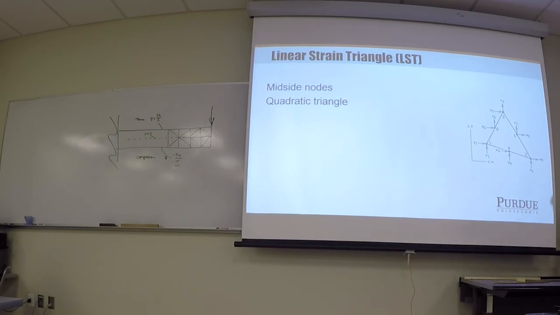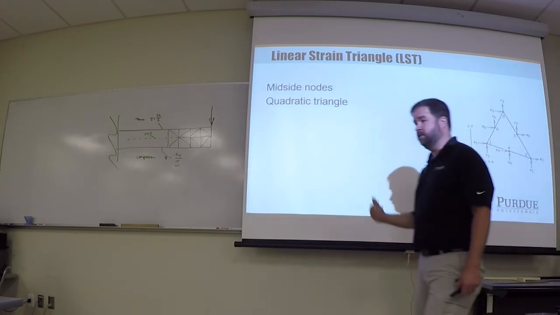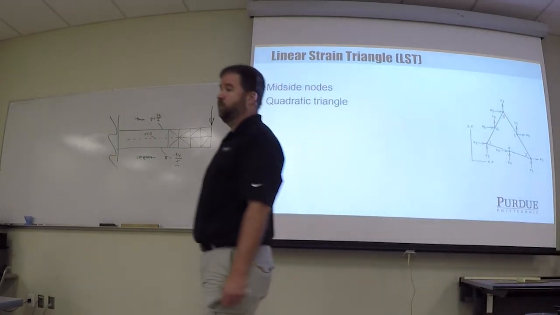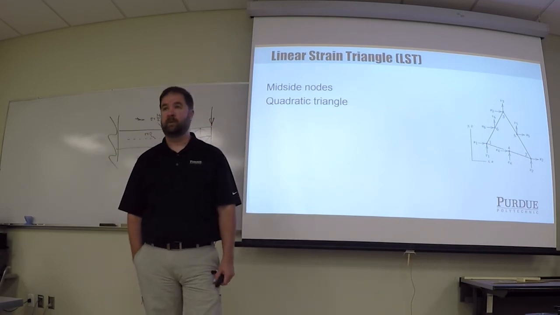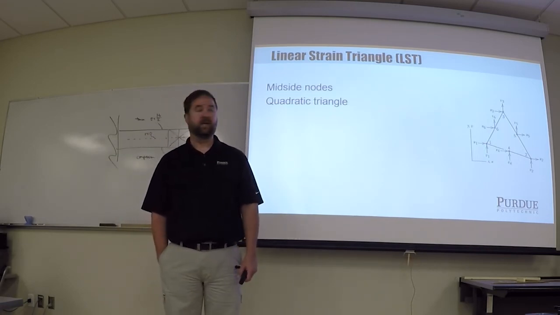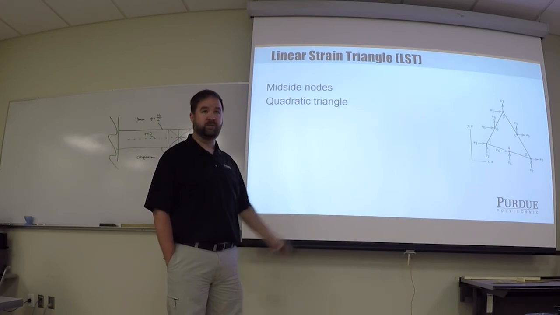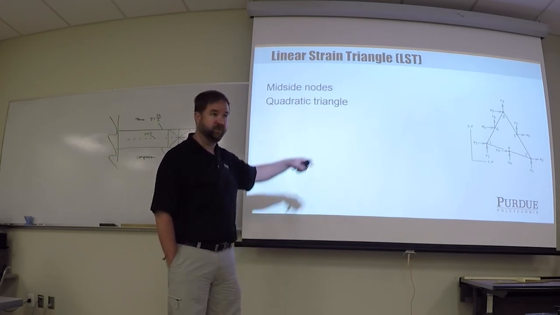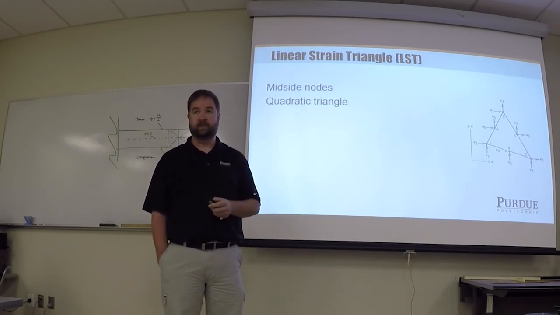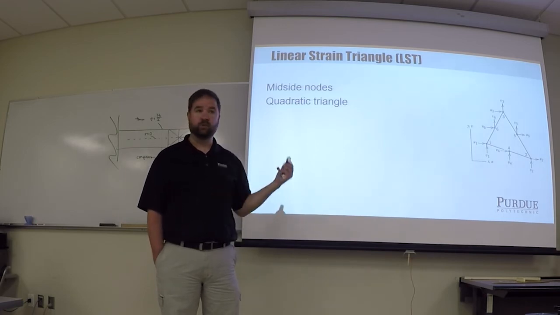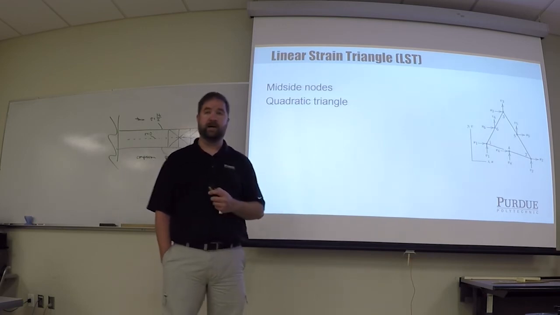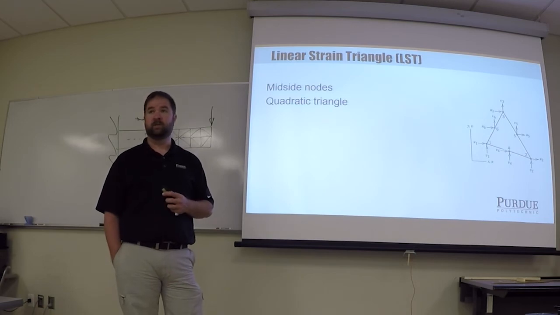Now, something I haven't talked about very much: if you don't have the textbook that I recommended, you need to start reading the SolidWorks help. Okay? SolidWorks help goes through all of this and talks about how to set up the CSTs versus the LSTs and what that means. You have the entire online help for SolidWorks, and it goes through a lot of this same stuff that I'm talking about, specific to SolidWorks.